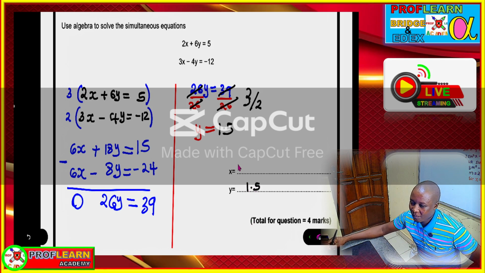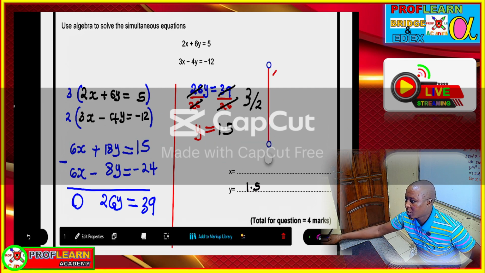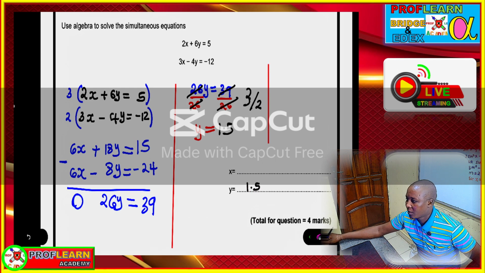And also for x, we are going to substitute the value of y that we have gotten so that we can find the value of x. So this is going to be 2x equals 5 minus 6 times 1.5.